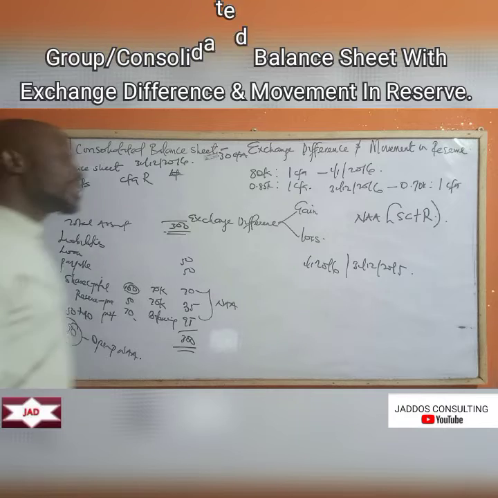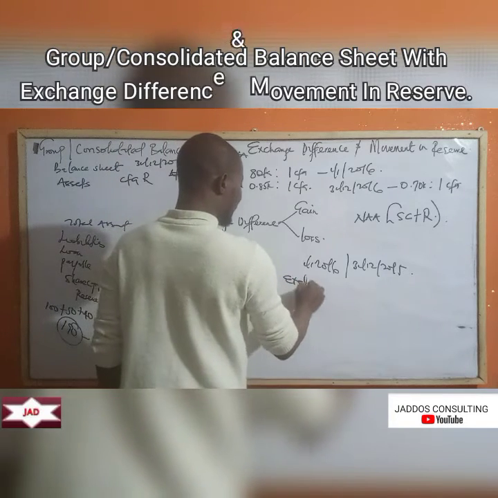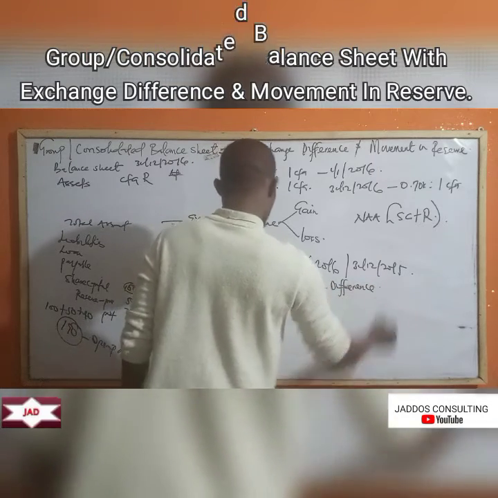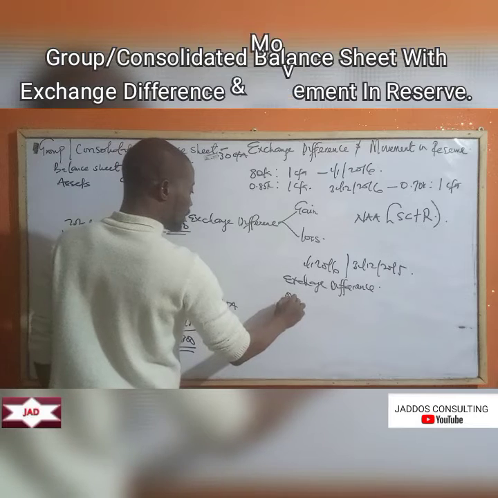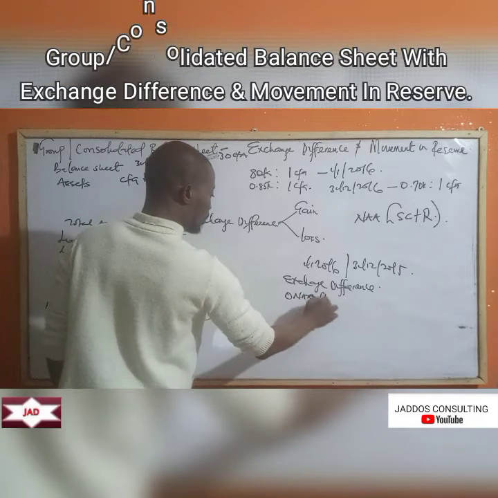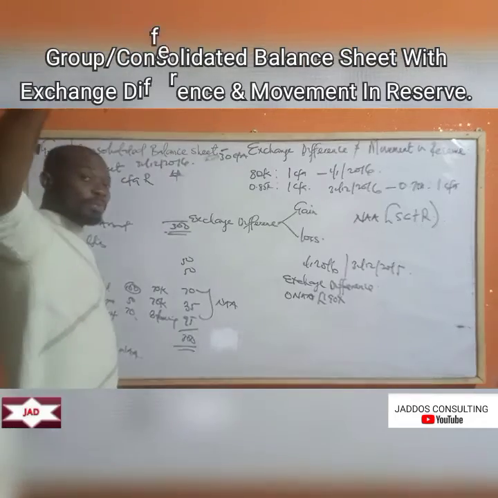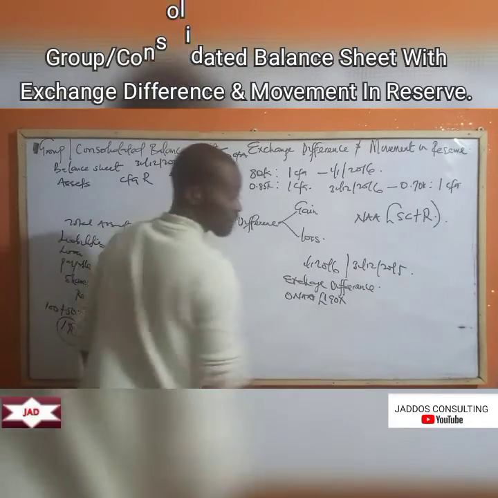So if we have opening net asset acquired to be 190, we're trying to get the exchange difference now. The opening net asset acquired, that would be 190 times the rate ruling as at the beginning of the period. What's ruling as at 1st January 2016 or 2015?